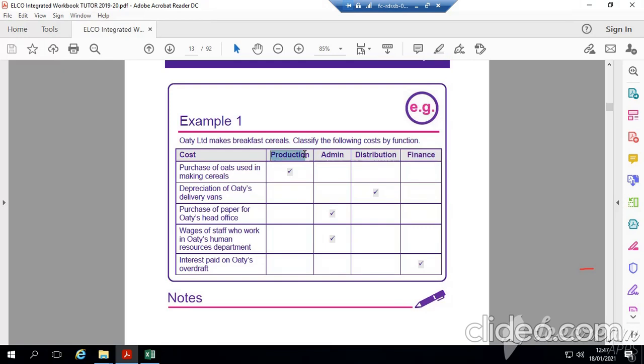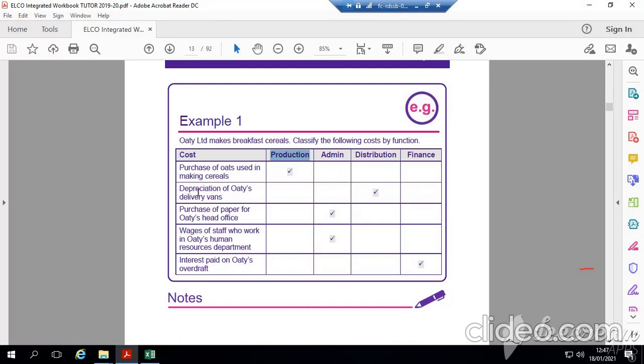What kind of cost relates to production, whether it is material, labor, supervisor, and rent? For example, it says purchase of material for making a cereal is going to be production.